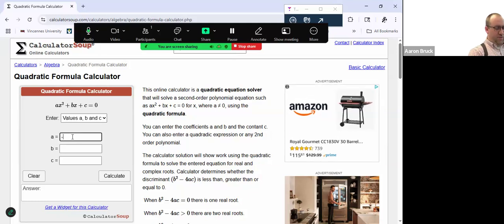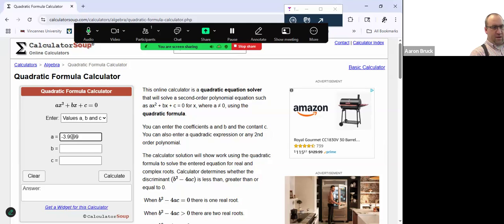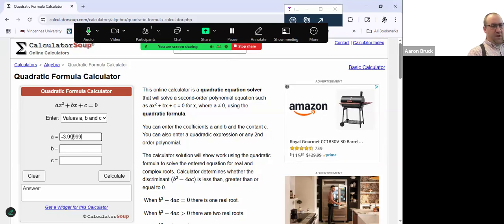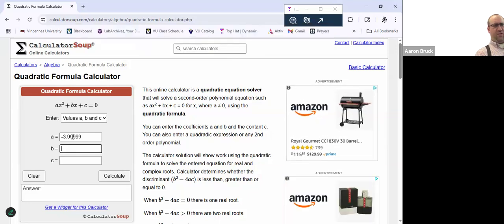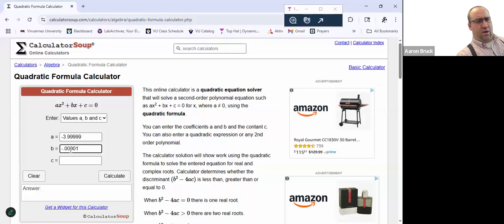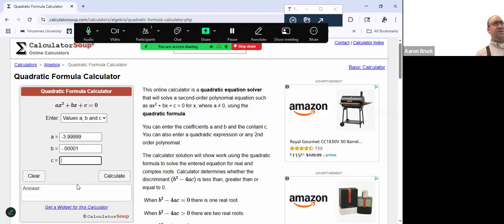So A was negative 3.9999. B was negative 1 times 10 to the negative fifth. And C was 1659.